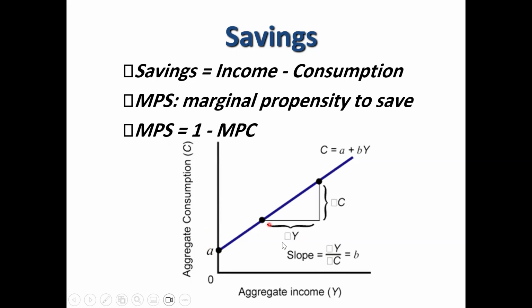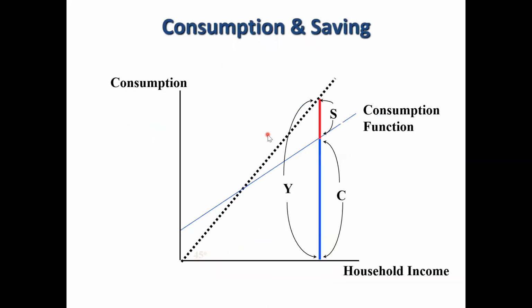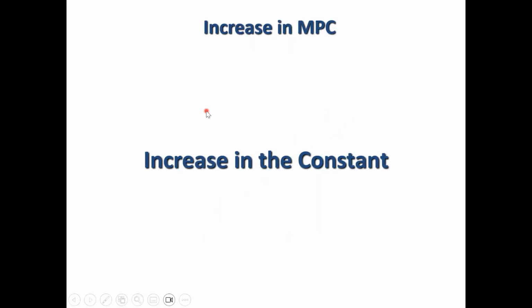And the slope is the change in saving over the change in income. This area is all income, this is positive saving, and this is the consumption. This line represents the consumption function, this is household income, and on the vertical axis we have consumption.